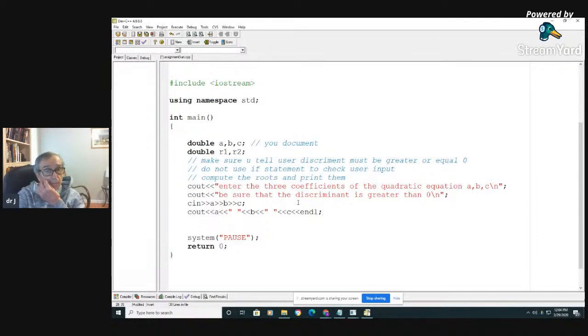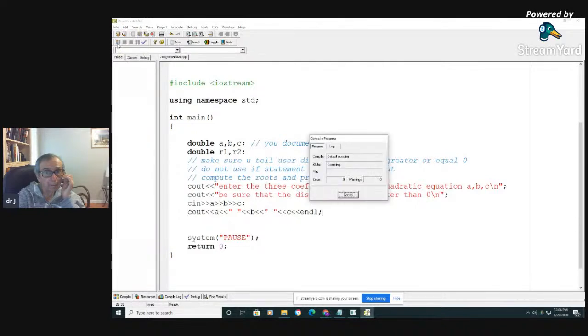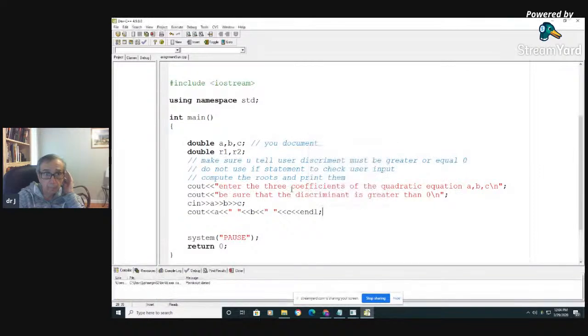Let's just see thus far how it looks. And run it, compile it and run it. This of course is not a complete program, it's just testing it thus far.